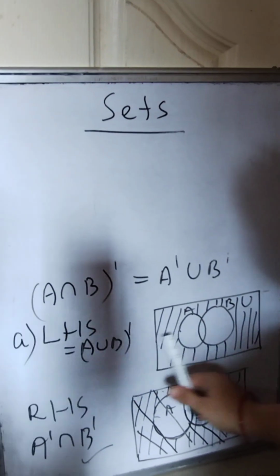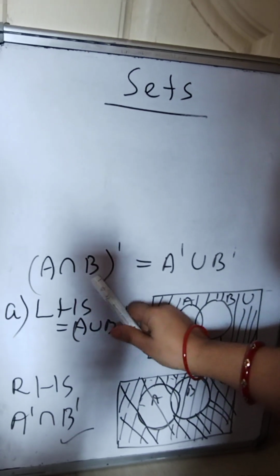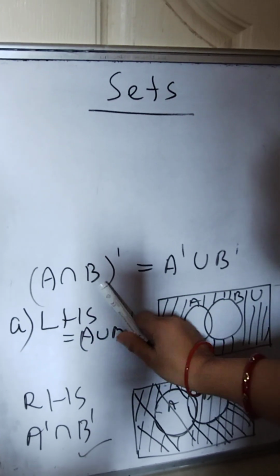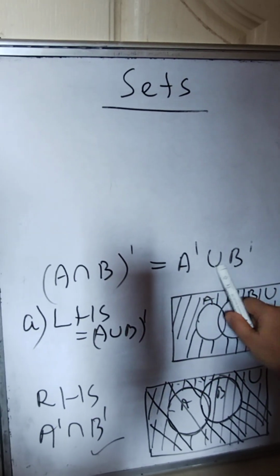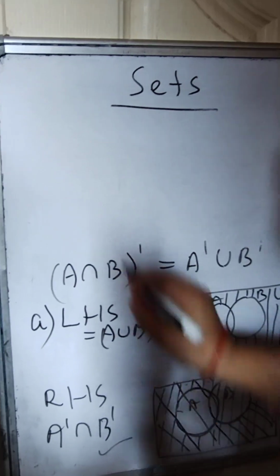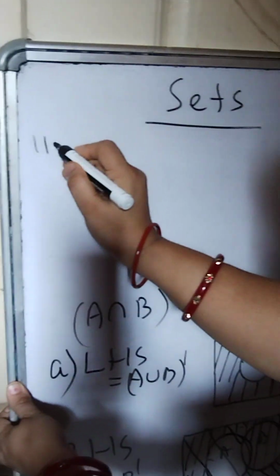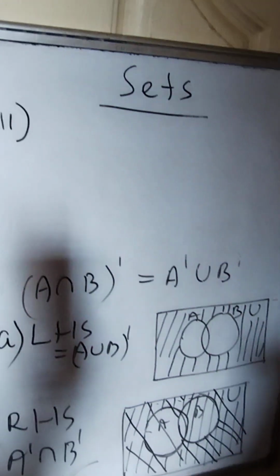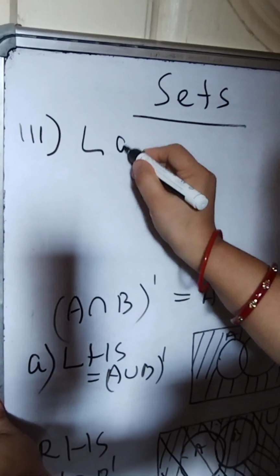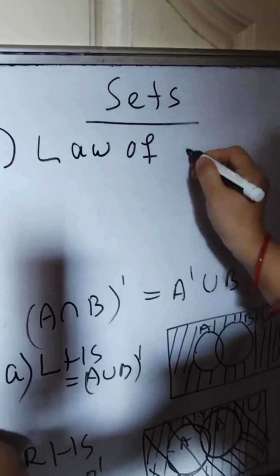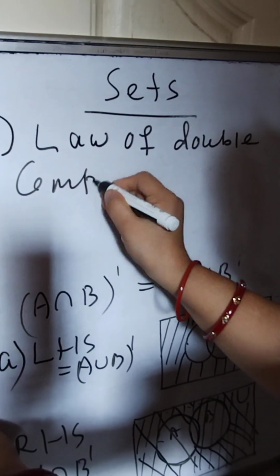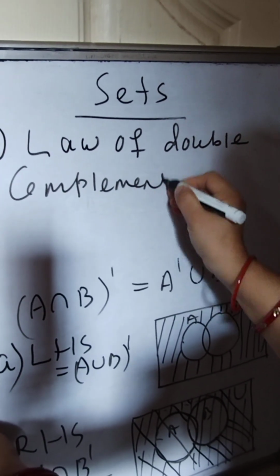Similarly, using Venn diagram, you try to prove the second part of De Morgan law, that is complement of intersection of two sets is equal to union of their complements. Try to prove. Then, based on complement, our third law is law of double complement. So what is that law?